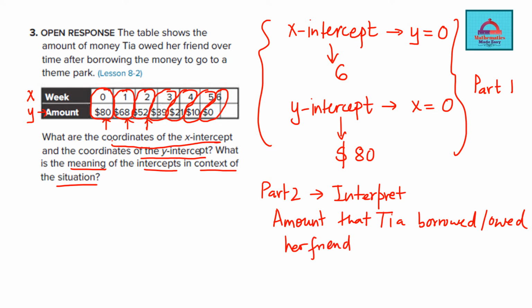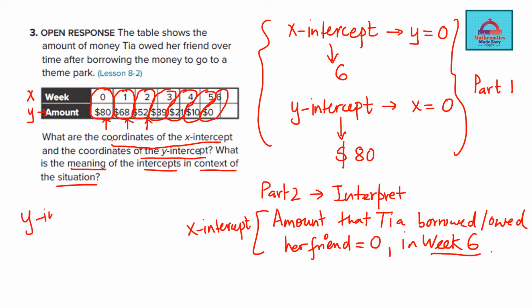That amount becomes 0. She gets rid of that money that she has borrowed, and that is happening in week 6. So this situation can be interpreted using the x-intercept by saying that this girl Tia is going to finish returning the money that she borrowed to her friend in week 6. So that's the interpretation for the x-intercept.